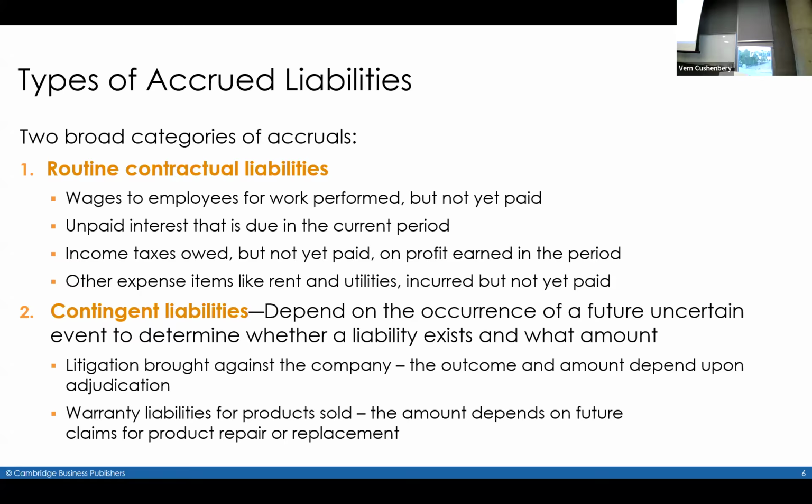Litigation, which you rarely see. And the reason for that is, in order to book a contingent liability, it has to meet two criteria. It has to be probable and it has to be estimable, meaning you have some idea of what that liability genuinely might be.